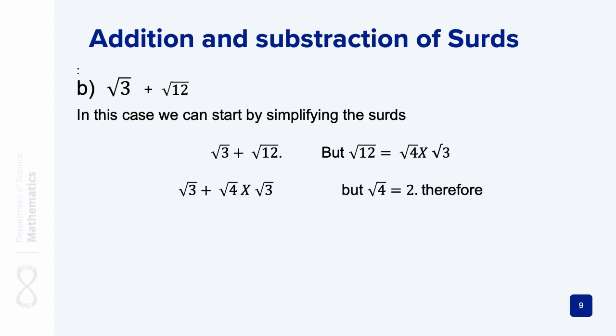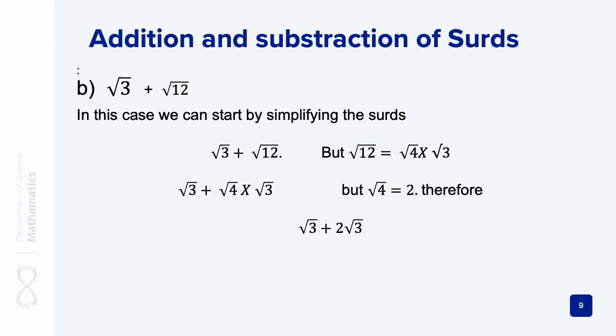Root of 3 plus the root of 4 times the root of 3. Now, 4 has got a perfect square root. The square root of 4 is 2. Remember, if you multiply 2 by 2, you get 4. So, instead, we remove the root sign and are left with 2.